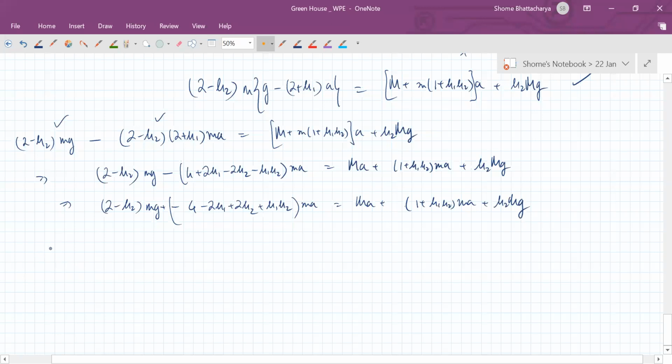Okay, so finally let's keep the terms of A on one side and g on the other side.